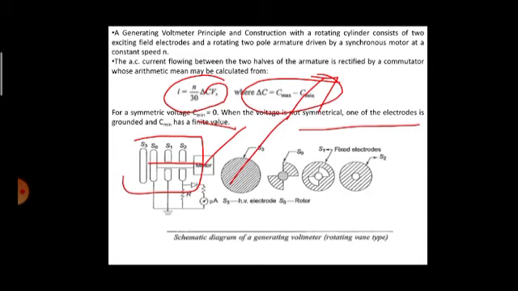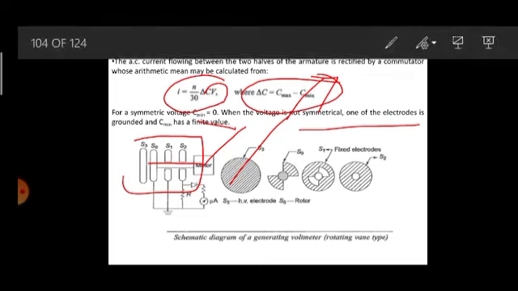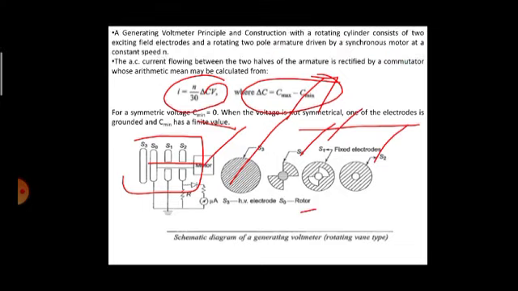This is kept at a fixed distance on the axis of the other low voltage electrodes, which are S0, S1 and S2. No doubt S0 is the rotor, but it is also acting as an electrode.